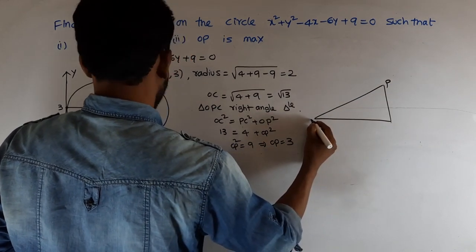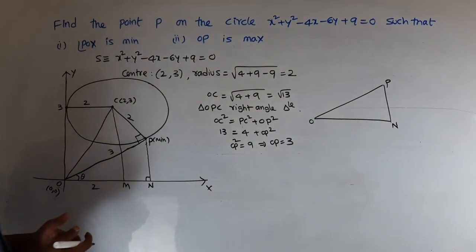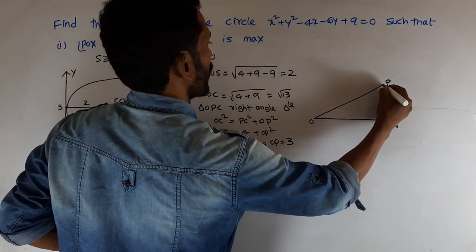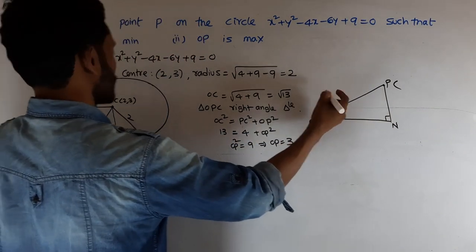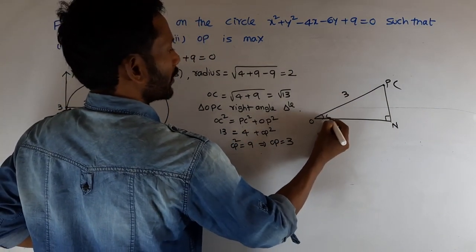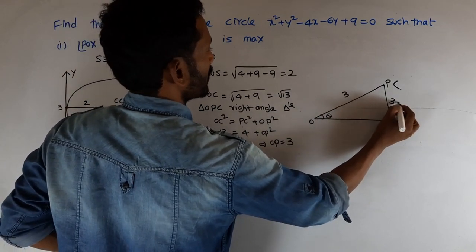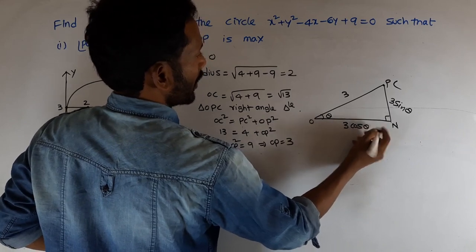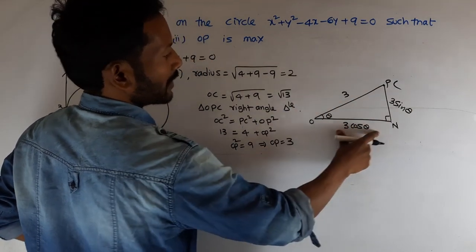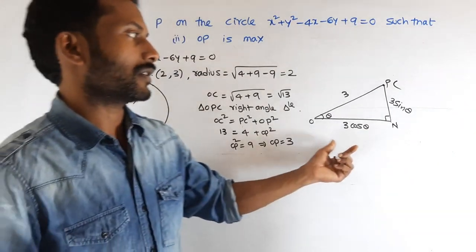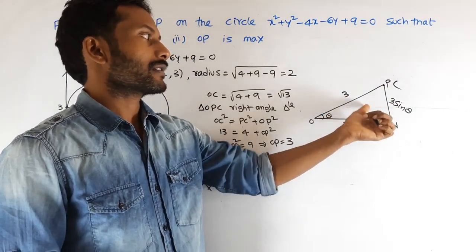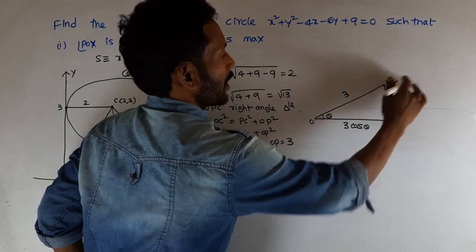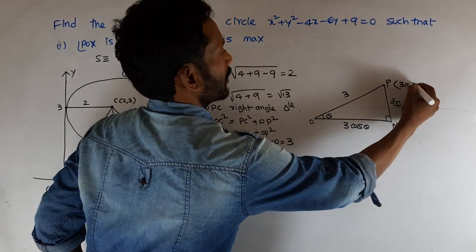Now consider points P, O, N. Triangle OPN is also a right angle triangle. What is the length of PN? The hypotenuse is 3. With angle theta, the opposite side is 3 sin theta and the adjacent side is 3 cos theta.